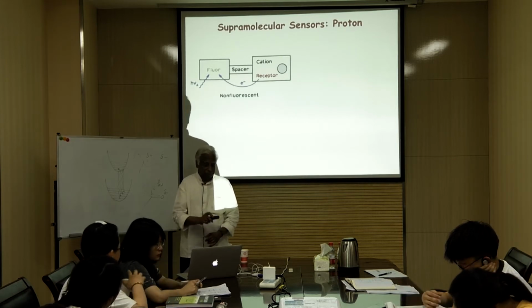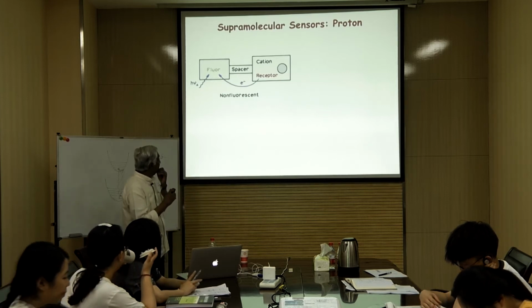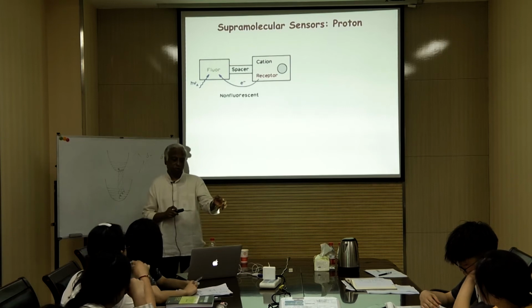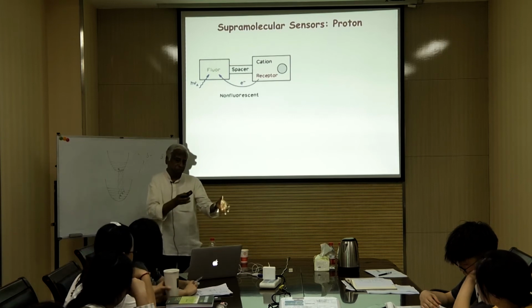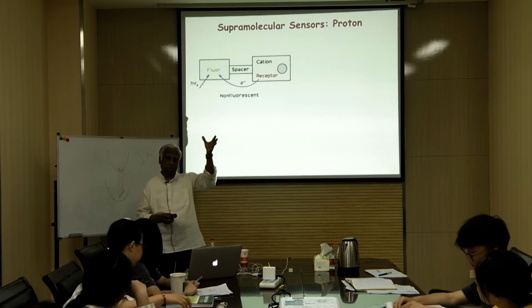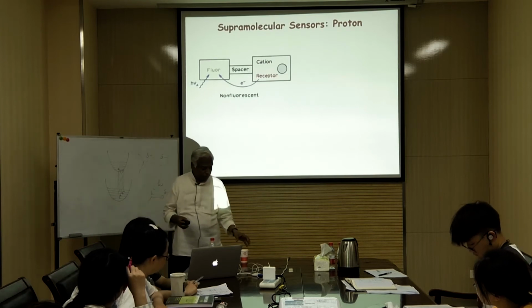So the sensor, in this particular case, is going to be a fluorescent molecule. When it senses something, the emission is going to go down or it is going to go very bright.